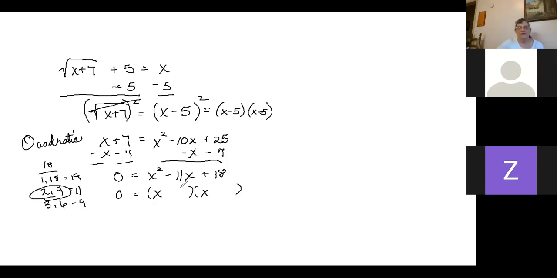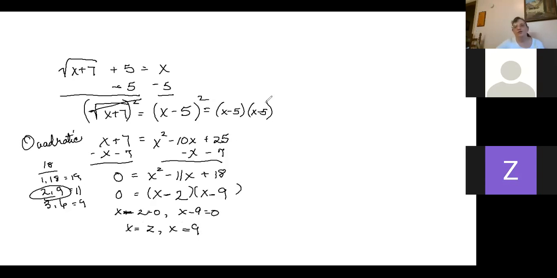So the 2 and the 9 is what I want to use. To get a negative 11 out of those, it's got to be a negative 2 and a negative 9. So x minus 2 equals 0, or x minus 9 equals 0. So x is 2 or x is 9.